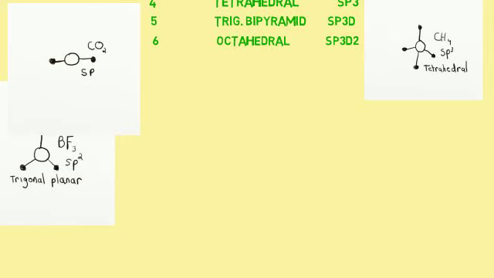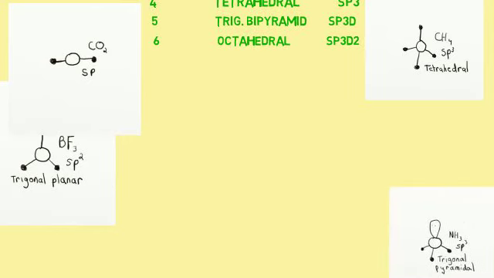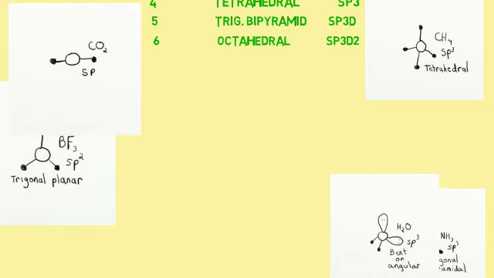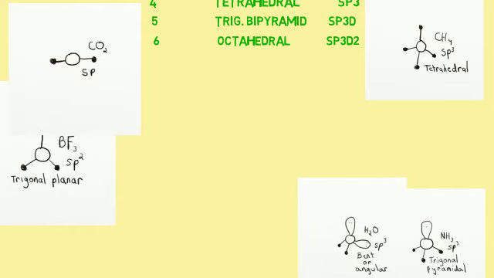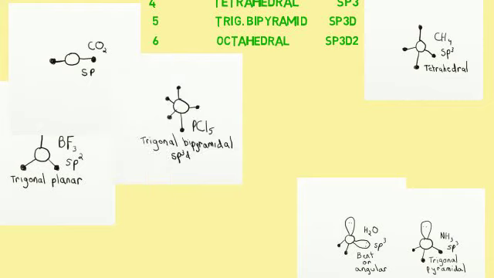Now, if it doesn't use all of them to bond with, then we get something like this, NH3, and that's a little electron cloud there. It's trigonal pyramidal, sp3 hybridization. If two clouds, we get bent or angular, this is water. And this is still sp3, same as methane.